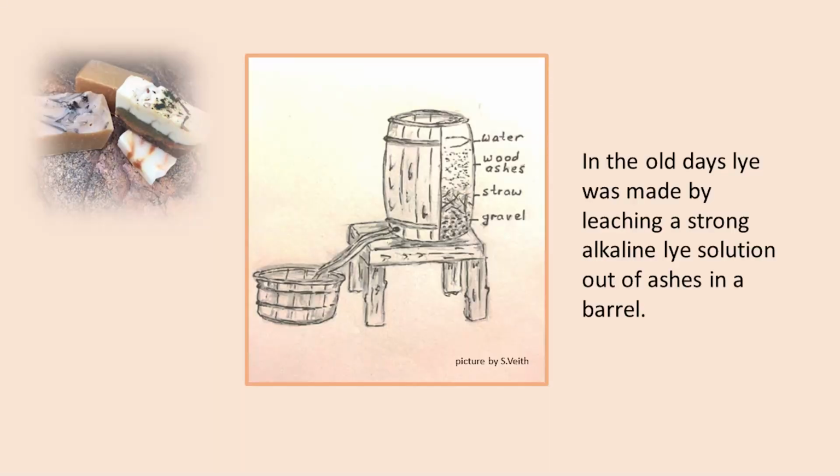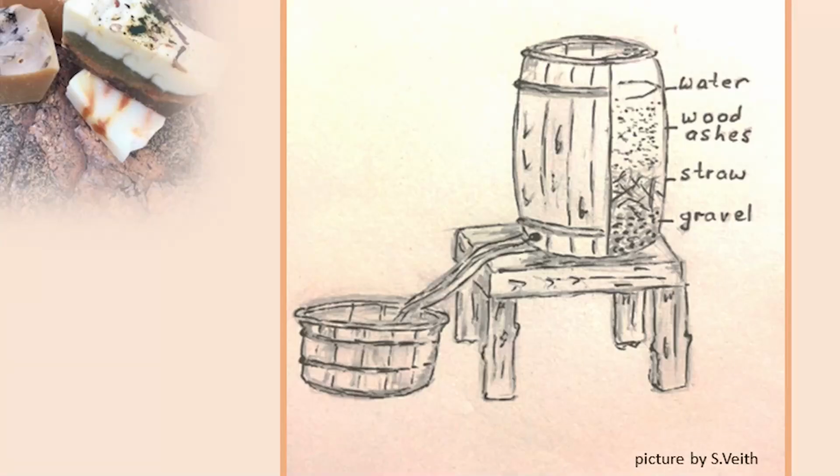Now, in the old days, lye was made by leaching. The strong solution of lye was leached out of the ashes. What they would do is they would put a barrel on a table, and they would layer the barrel with gravel and then straw, and then the ashes, quite a lot of ashes, and then fill it up with water.